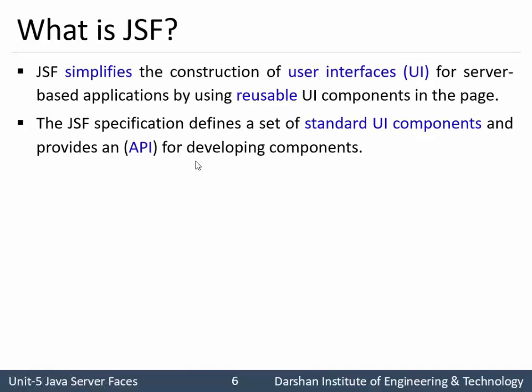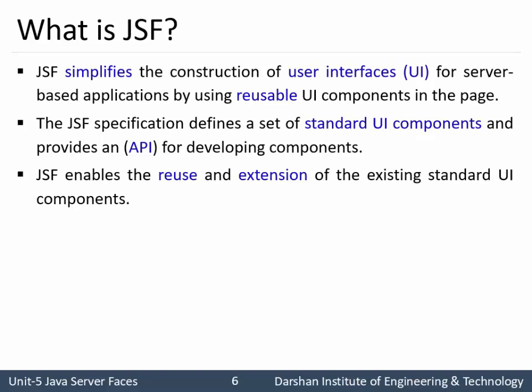Comparing with JSP, when we were developing a JSP program, at that time for user interface we were using HTML components. While here there are standard components like radio button, checkbox, text area, text field, password, etc. So all the standard UI components are there, and it also provides an API for developing other customized components.